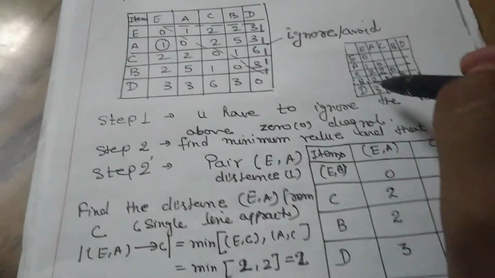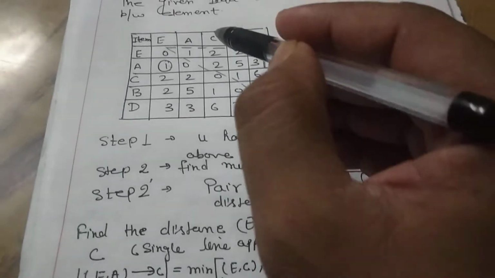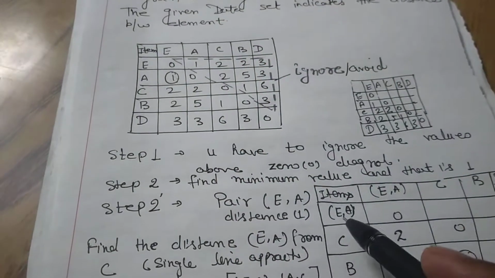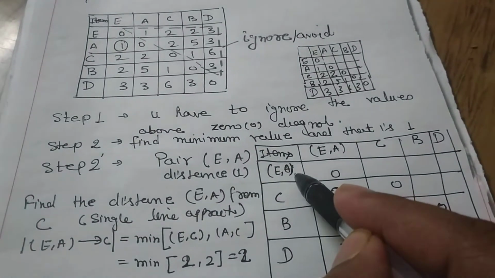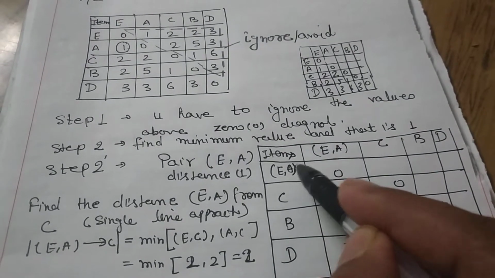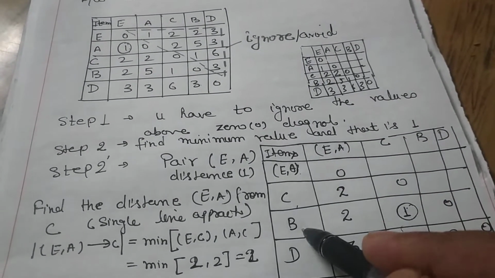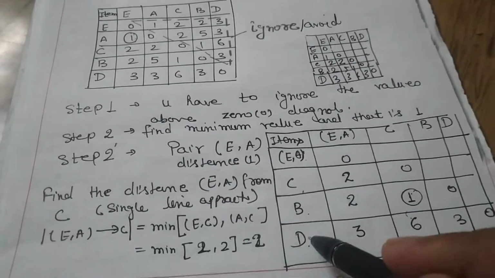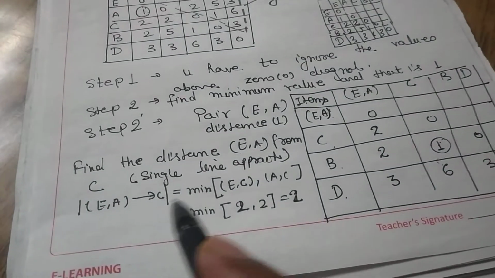What will you do? First you make the pair, and then you have to find the distance between E,A and C, E,A and B, and E,A and D, and you have to use the single link approach.